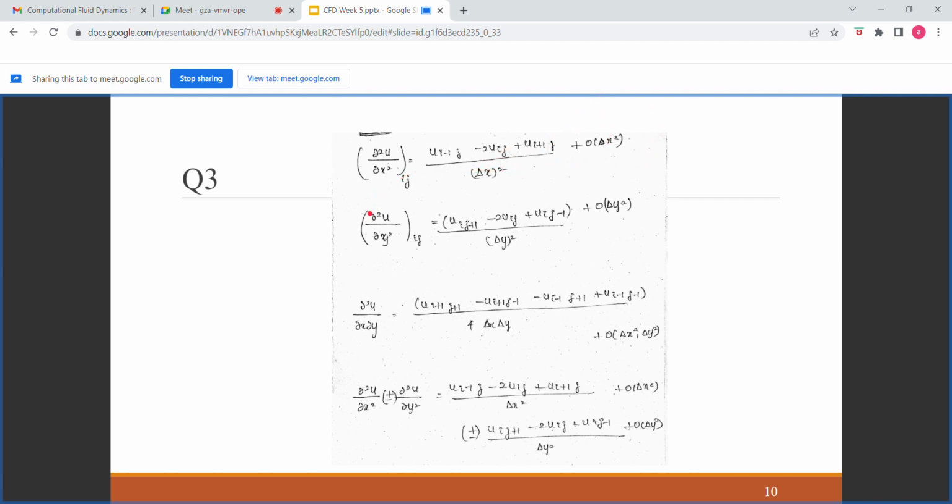In a similar manner, del squared u by del y squared at (i, j) is (u i, j plus 1 minus 2 u i, j plus u i, j minus 1) by delta y squared, since we are moving in the y direction. The thing to be noted is that here we are moving in the x direction, so it is i minus 1, i plus 1, whereas here we are moving in the y direction, so it is j plus 1 and j minus 1, and it is second order accurate.